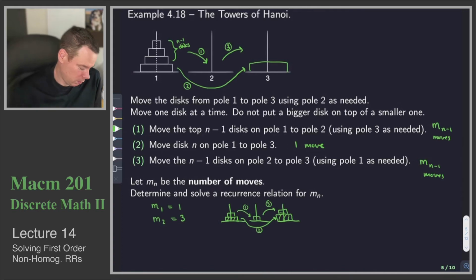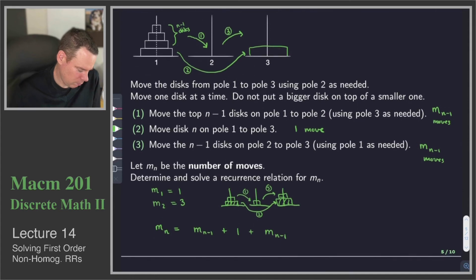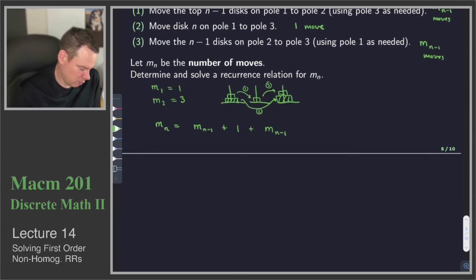So what about to move the n disks? Well, to move the n disks, we have those written out. We move the n-1 disks to pole number 2. Then we move the last disk, and then we move the n-1 disks on top of it on pole number 3. And so let's just indicate what we've done here.